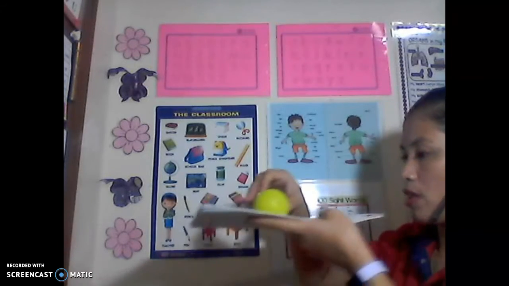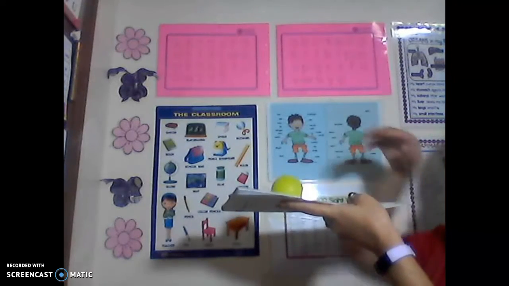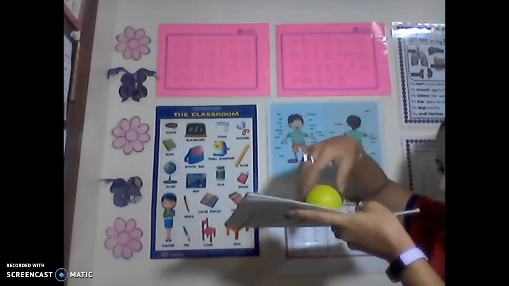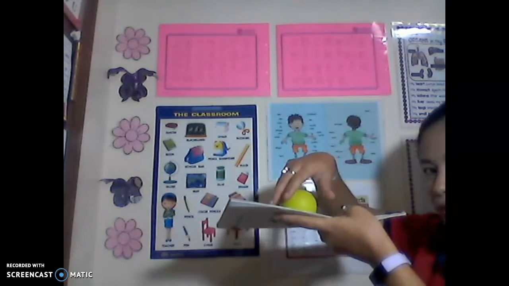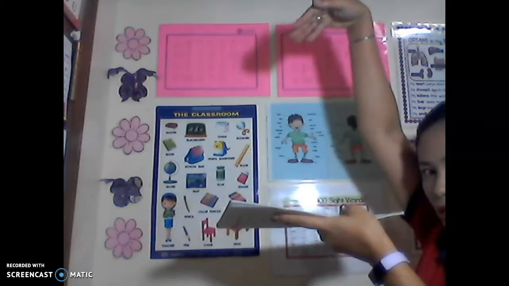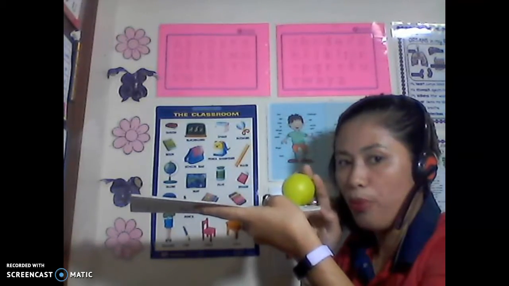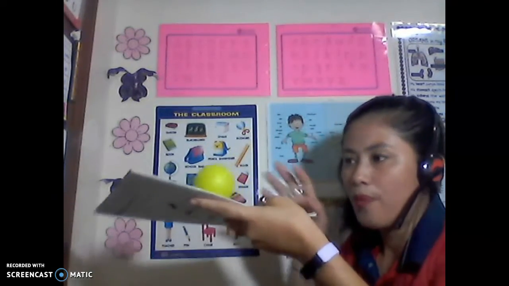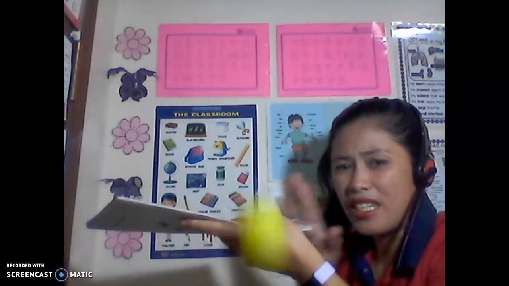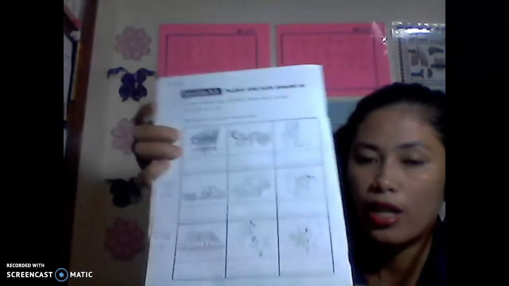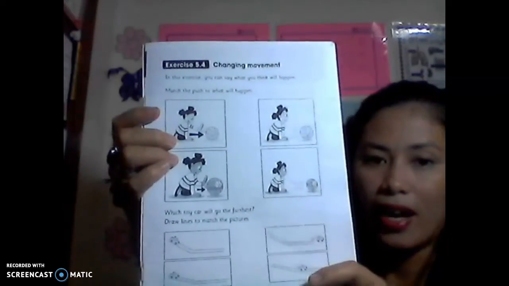But what if the ball is farther than me? If I'm going to push it, there's too much force, right? You can push it. So when the ball is near to you and you push it, your force is not very strong, so the ball will only move a short distance, right?